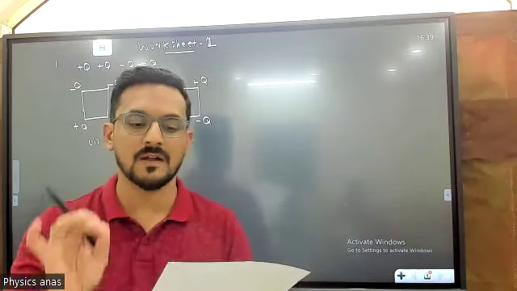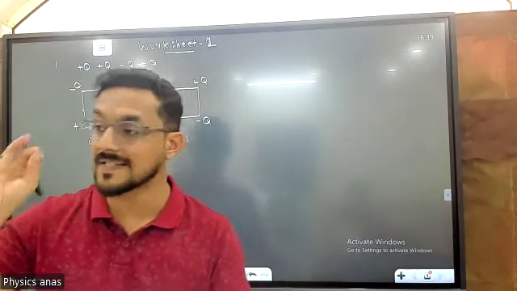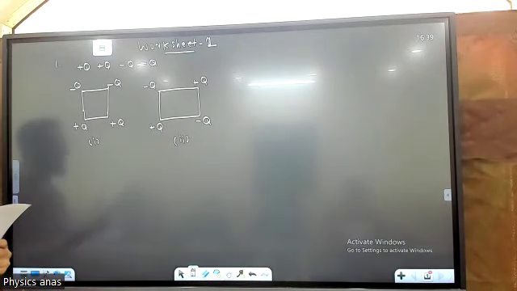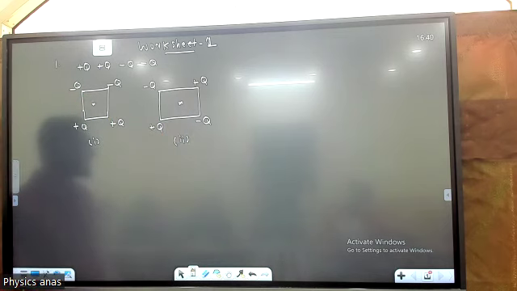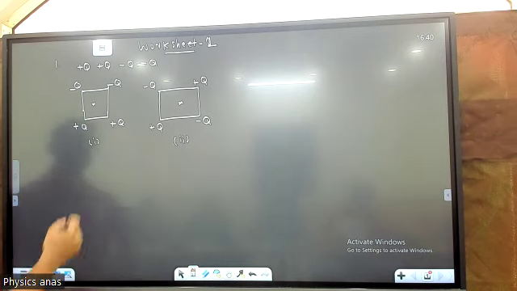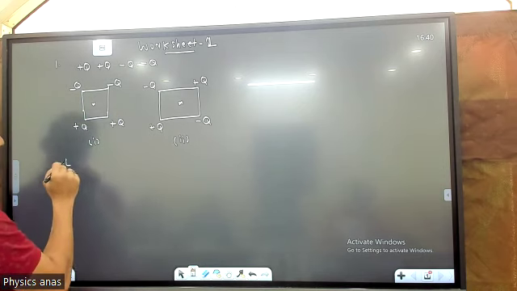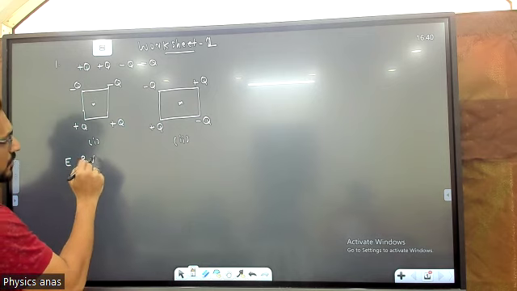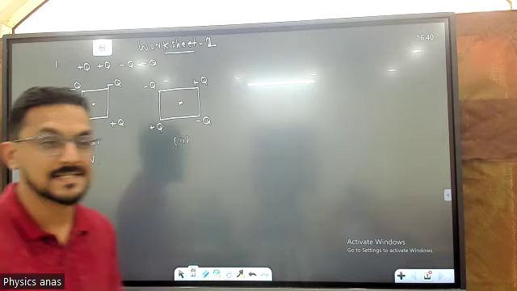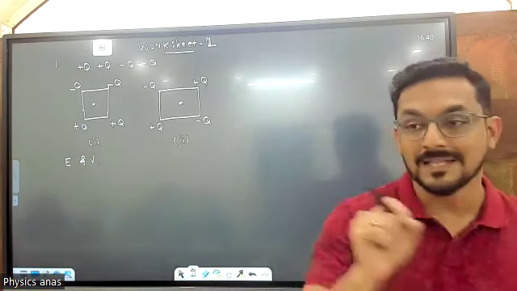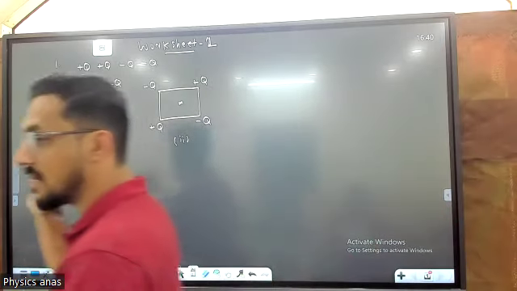Will the electric field and electric potential at the center of the square be same or different? At the center, there is electric field and electric potential. They are asking you to find them. What is the letter given for electric field? That's E. And for potential?